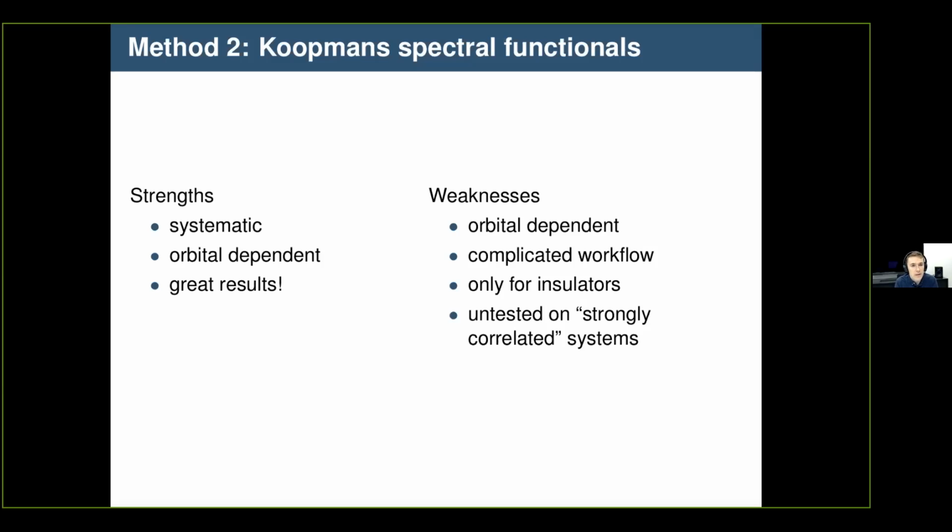You can think of the exchange correlation functional in density functional theory as the best possible approximation to the exchange and correlation self-energy, which really is a dynamic and non-local quantity.